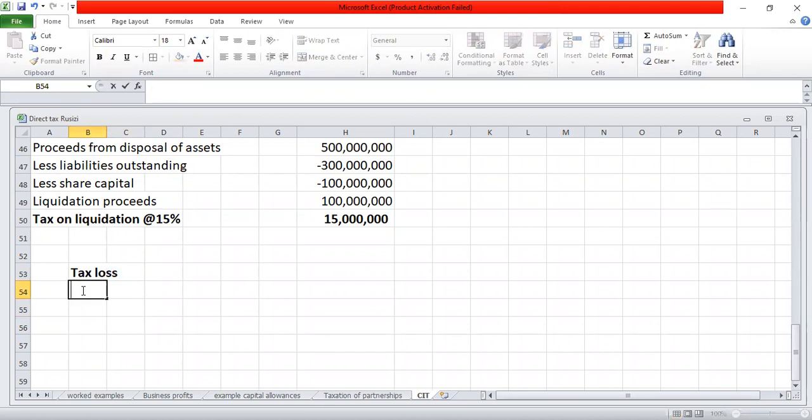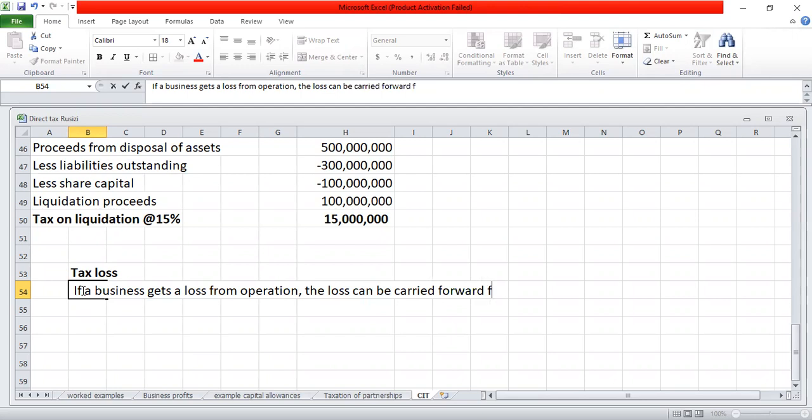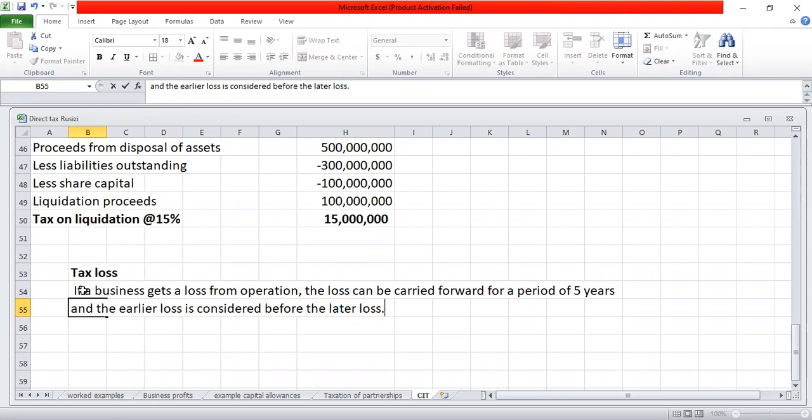If a business gets a loss from operation, the loss can be carried forward for a period of 5 years, and the earlier loss is considered before the latter.